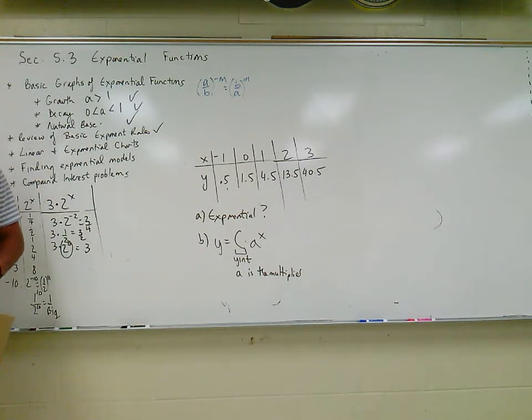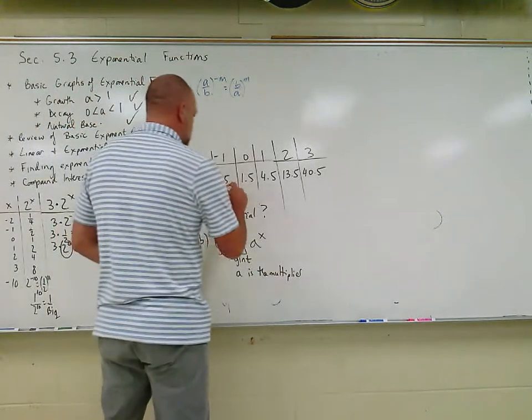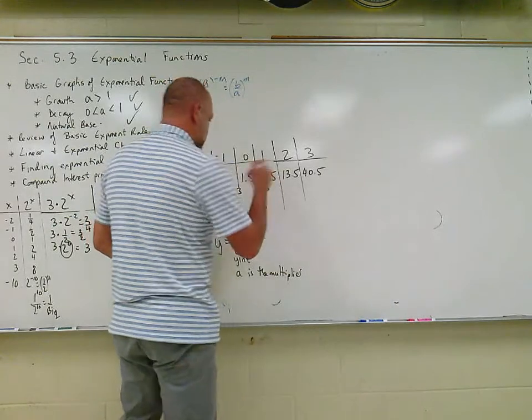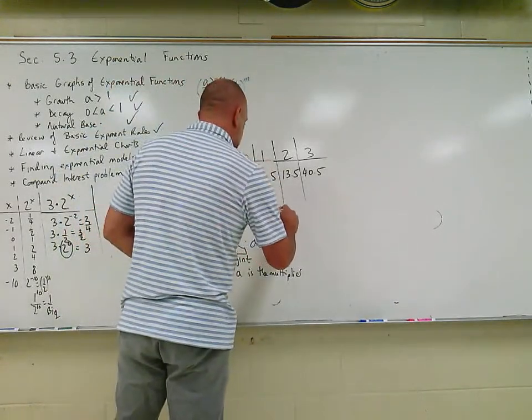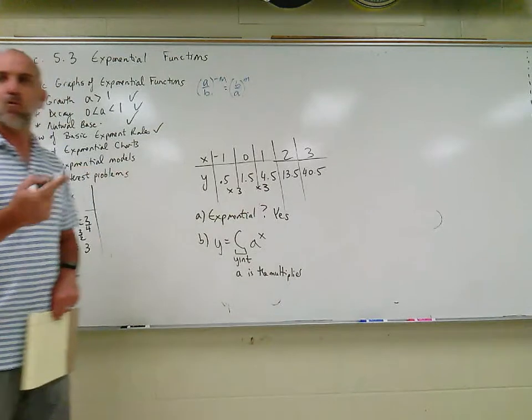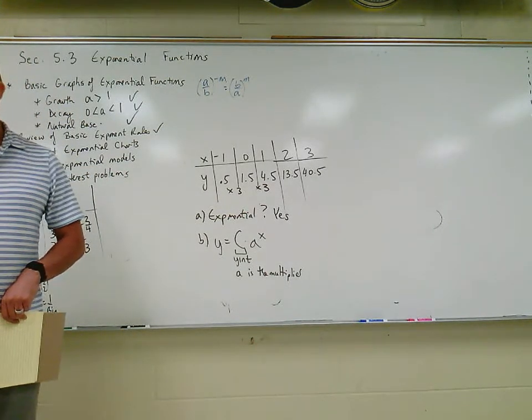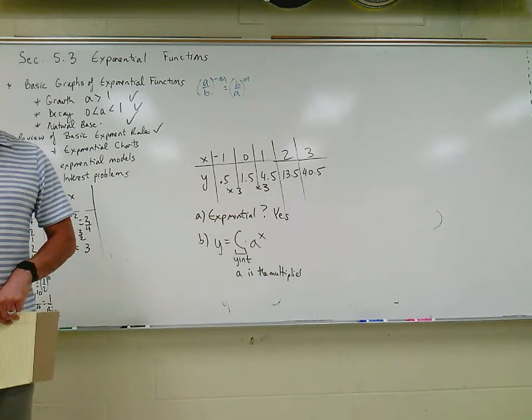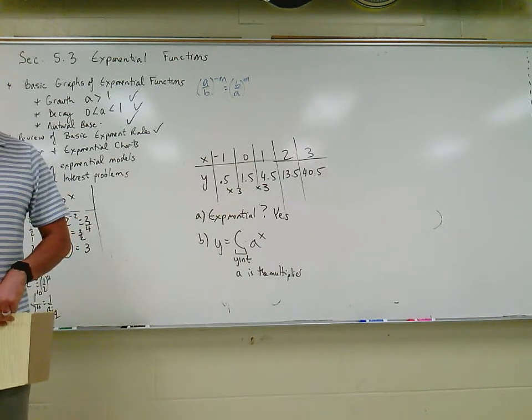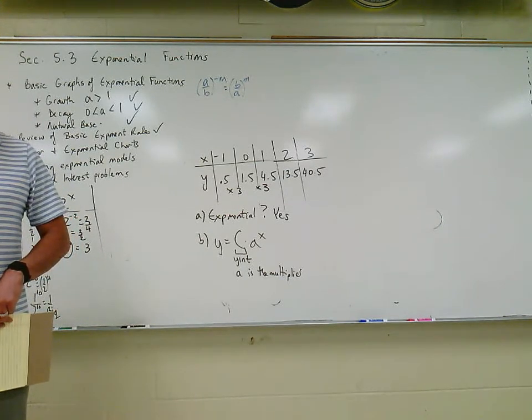So, I tried to give you exponential. What's the multiplier? What do we keep multiplying by? 3. Times 3, times 3, and so on. So yes, it's exponential. If we know that we're multiplying by 3, then what does the base have to be? 3 to the x.